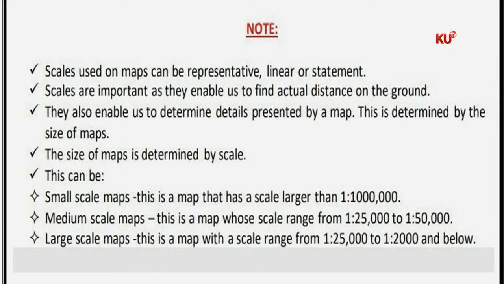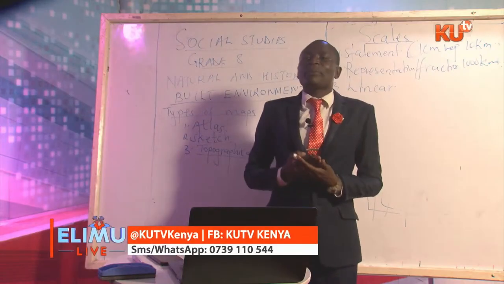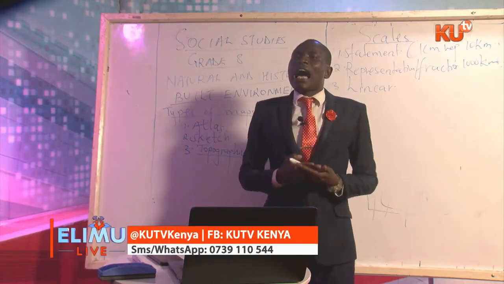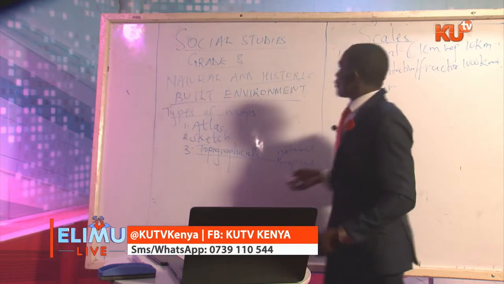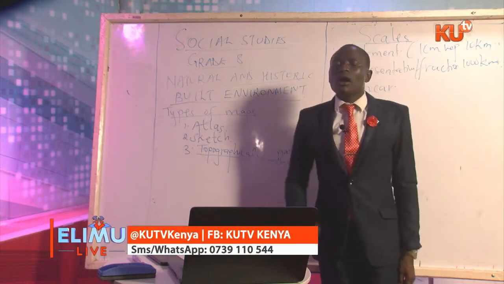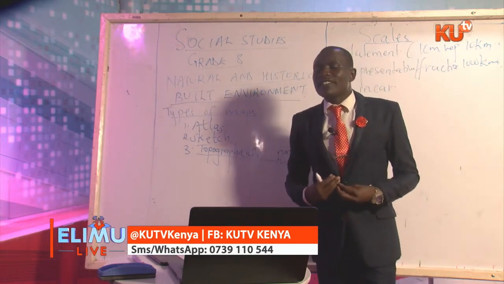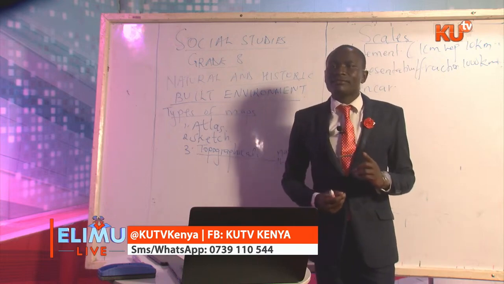Now, after we have understood these features on a map, how do we represent them? After we have seen these physical features on the key, these symbols, how are they represented on the key?